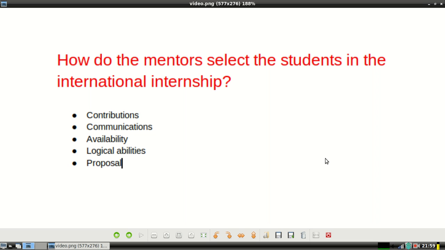And the last and final point is your proposal. All 4 points before this are in the contribution period, but after watching these 4 points, our final step in selection is to read and understand the participant's proposal, which also plays a main role, because everything depends upon your proposal.